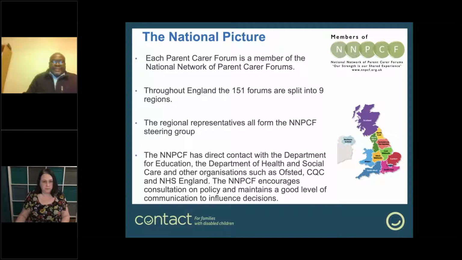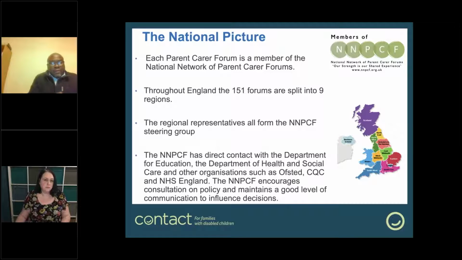So when we say something as a family, it goes to our local forum, and our views are taken up to the regional forum, and from the regional forum these are taken up to the national network, and our voice will kickstart a change within the national way of doing things, and that will come back to our children, and their lives become that much easier.